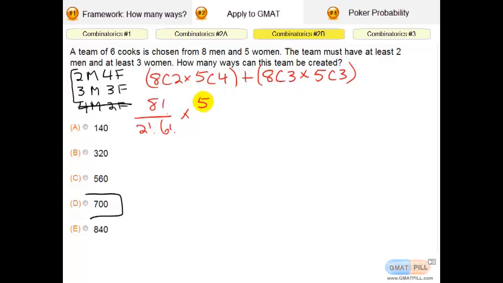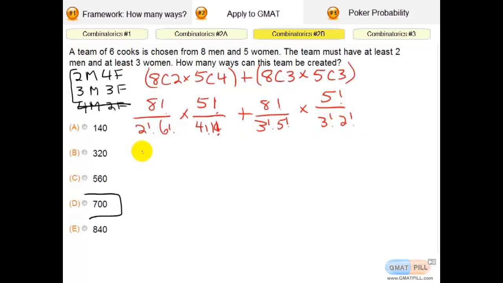5 choose 1 you know is basically this over 4 and 1. Then this is basically 8, the 3 and 5, and then this is 5, 3, and 2. So this is basically 8 times 7, the 6 cancels out, divided by 2 factorial. This is basically just 5.